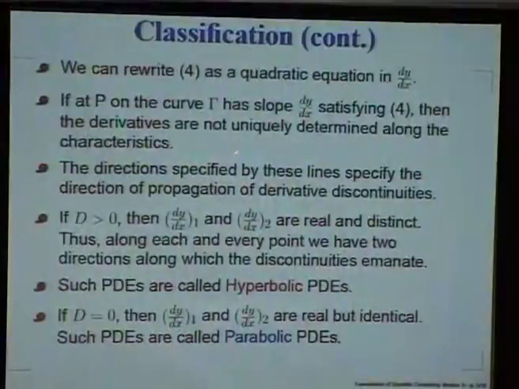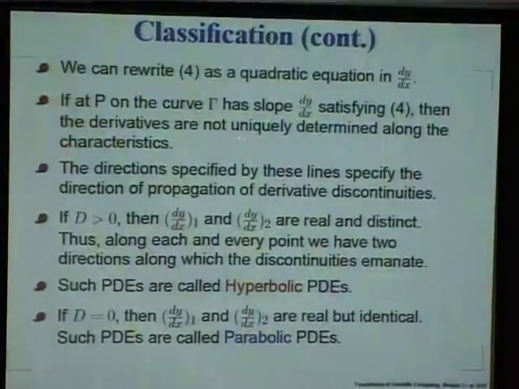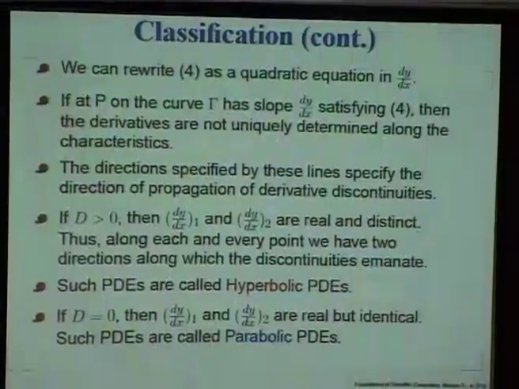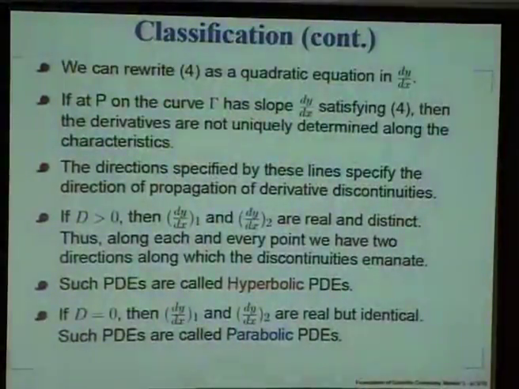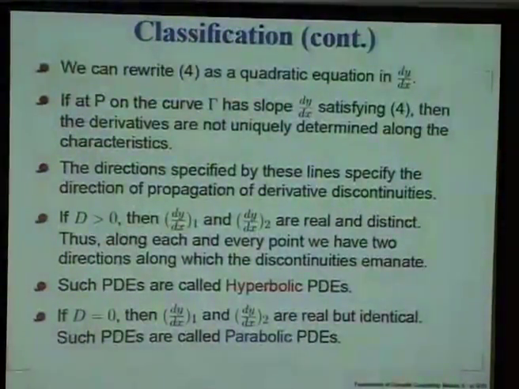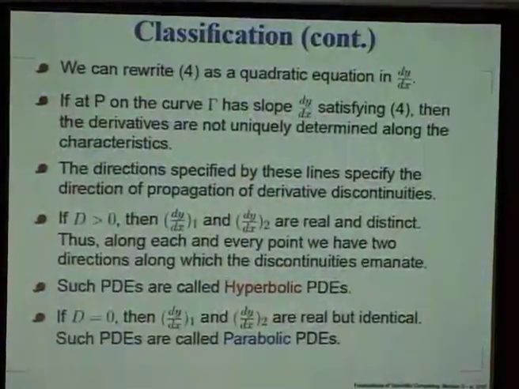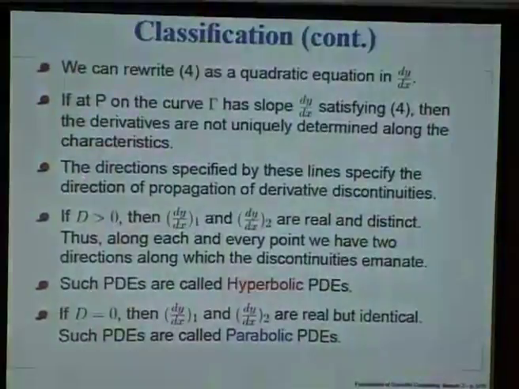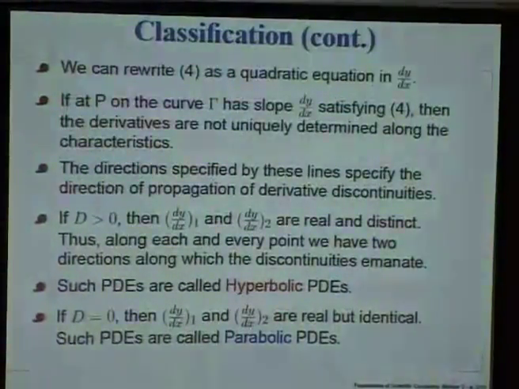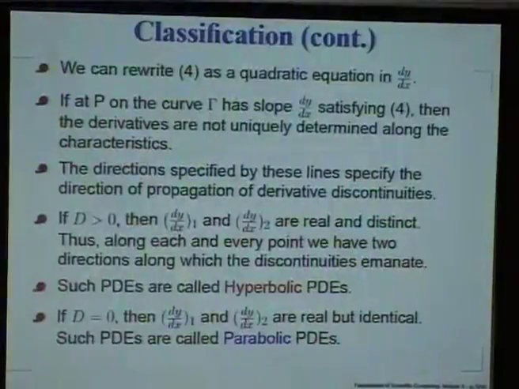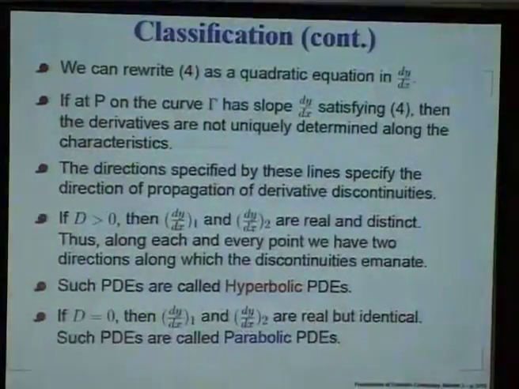So, you can figure out from the point P if the derivatives are uniquely determined or not. If those slopes are real and exist, then you say that these lines specify the directions of propagation of derivative discontinuities.